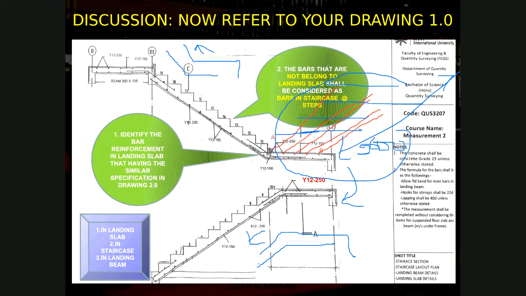But firstly, what I would like you to understand before we go to the studio work, you have to identify which ones belong to the similar category as shown in the section view for the staircase. So you know that the bar reinforcement is overlapped inside the landing beam and inside the staircase.